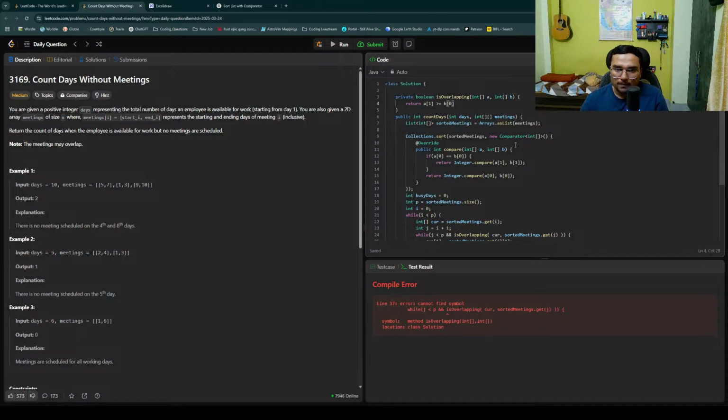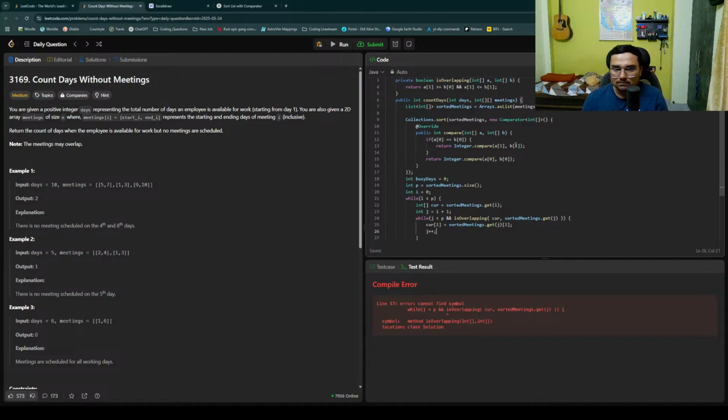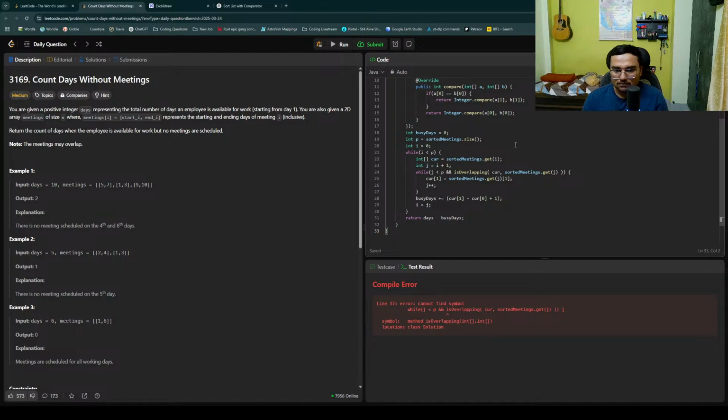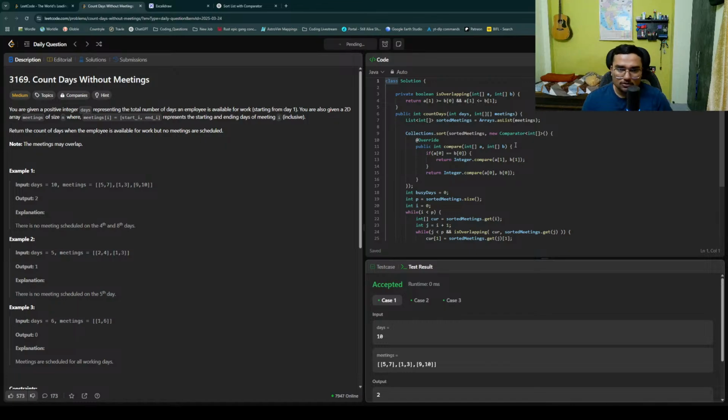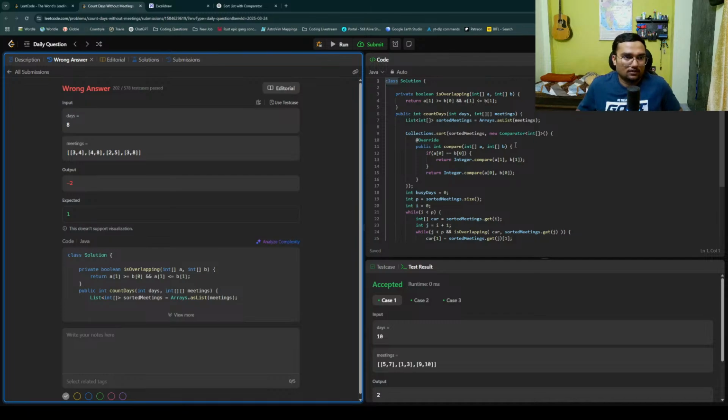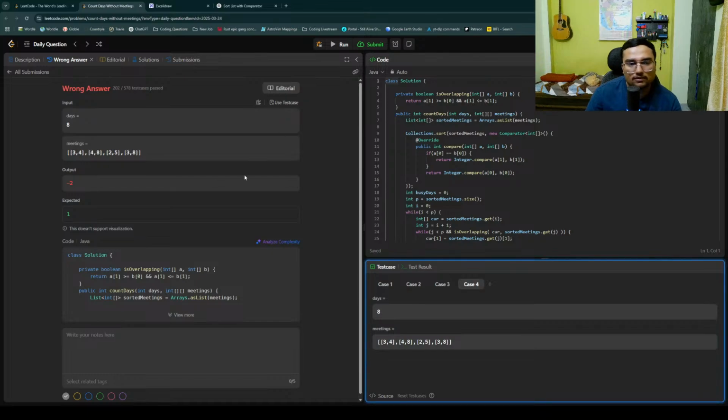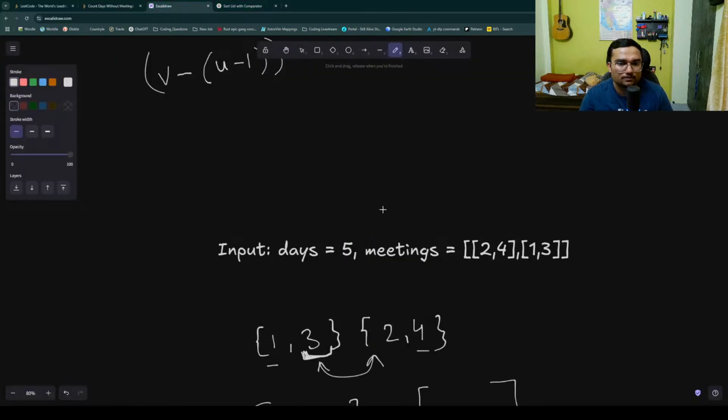Okay, it works for the example cases. Let's see. Wrong answer. 3 4, 4 8, 2 5, 3 8. What happened here?